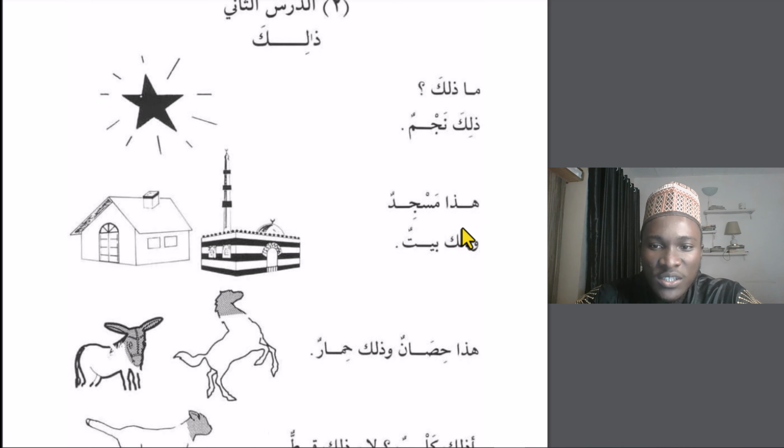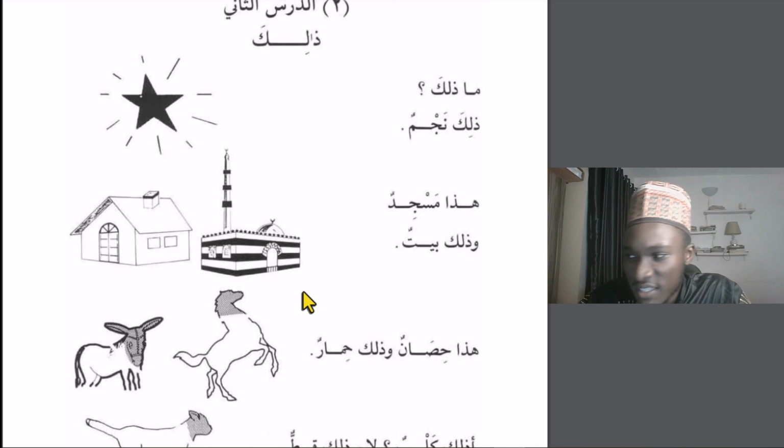This is a mosque. He used hadha, which is ismul ishara lil qarib. Wa dhalika baytun, and that is a house. He used dhalika for something that is much farther. If they are beside each other, we say hadha masjidun wa hadha baytun. This is a mosque, and this is a house. It's as simple as that.